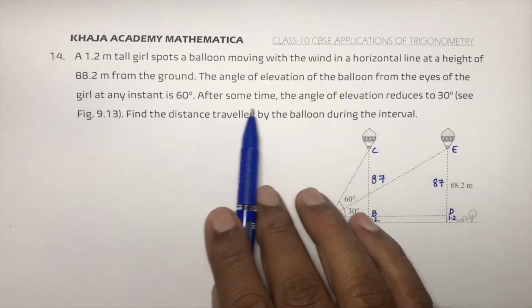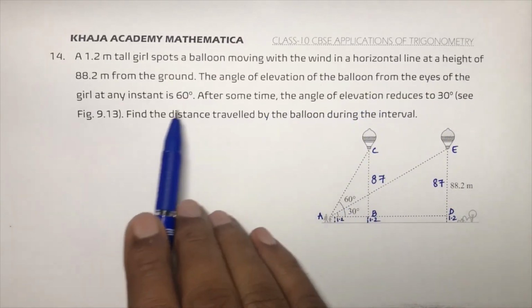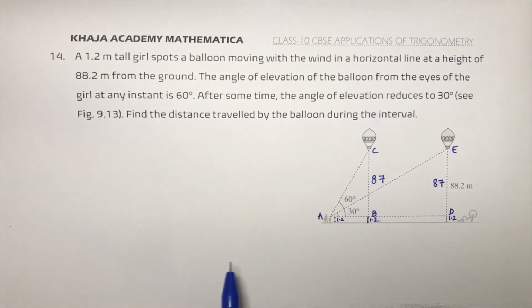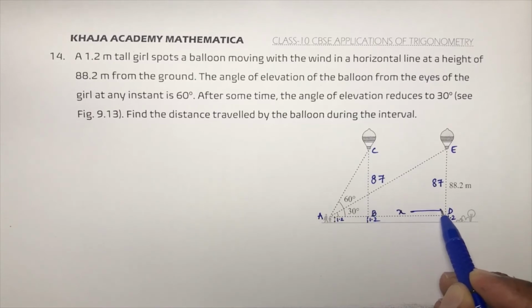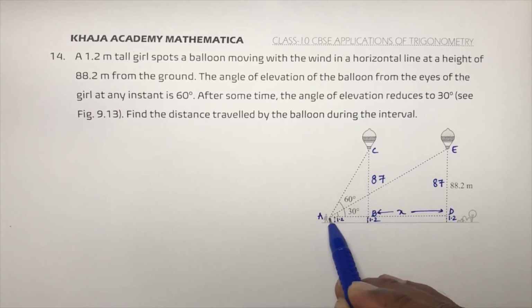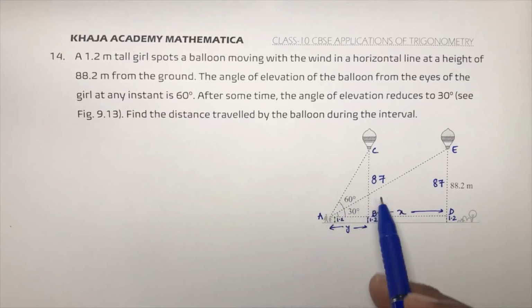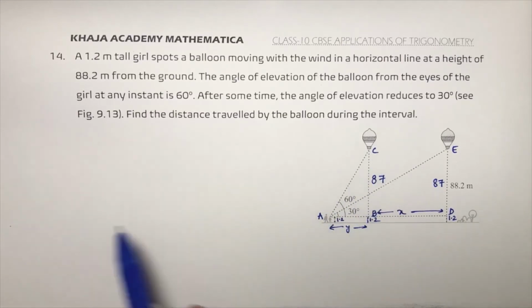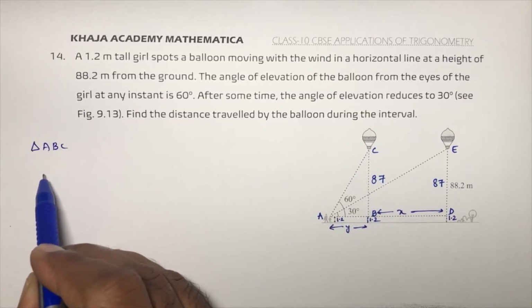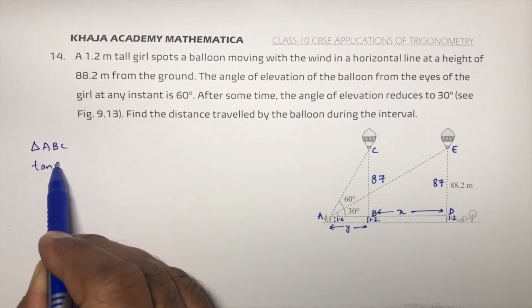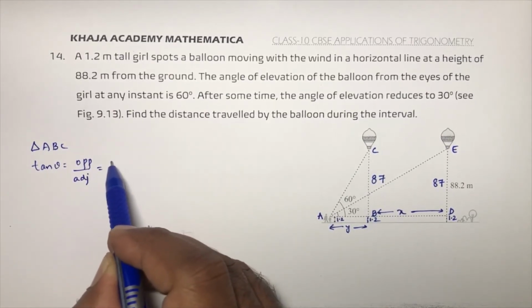So after some time the angle of elevation reduces to 30 degrees. So this angle is 30. Find the distance traveled by the balloon. So we need to find BD. I'll consider it as X. And AB, I'll take it as Y. Now in triangle ABC, tan theta is opposite by adjacent.